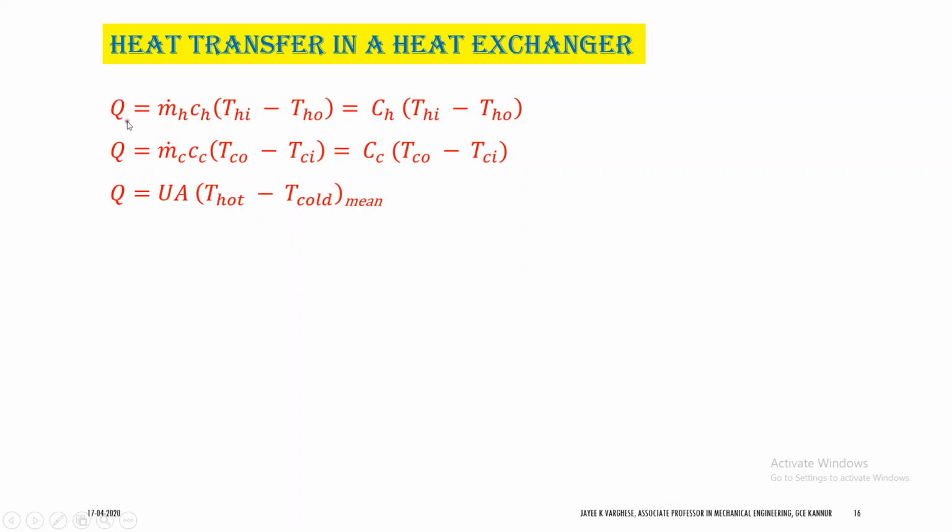Now we can have the calculation. Q is equal to m dot h ch into THI minus THO. THI minus THO is the drop of temperature of the hot fluid. So hot fluid enters at a higher temperature THI and leaves at a lower temperature THO.